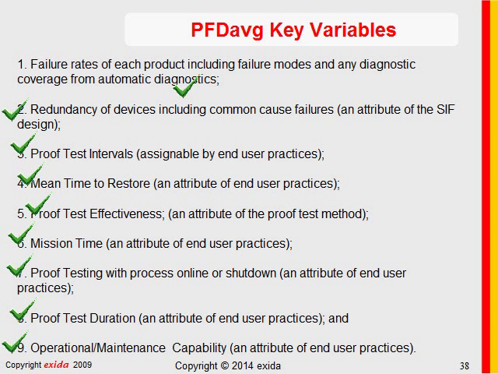Think about all 9 of these variables. Where do they come from? Well, number one, the failure rates for your product are the responsibility of the manufacturer of that product. They are a measure of the design strength of that product, and the manufacturer is responsible for providing realistic numbers.